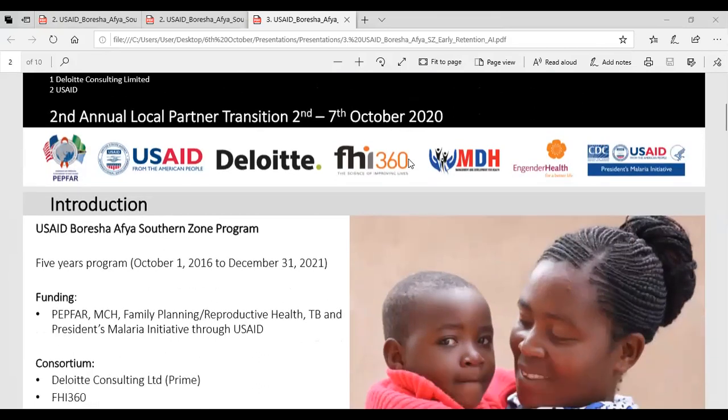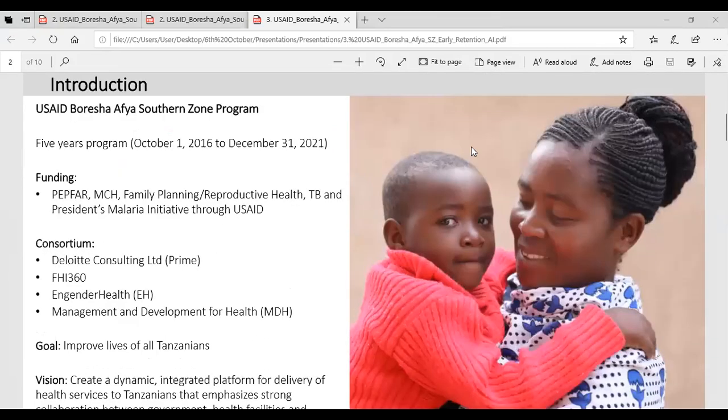I will skip the first 3 slides, as Emmanuel already presented on those. Maybe just to add that the key partners have specific areas that they implement, and Deloitte is also overseeing the SI for the program.